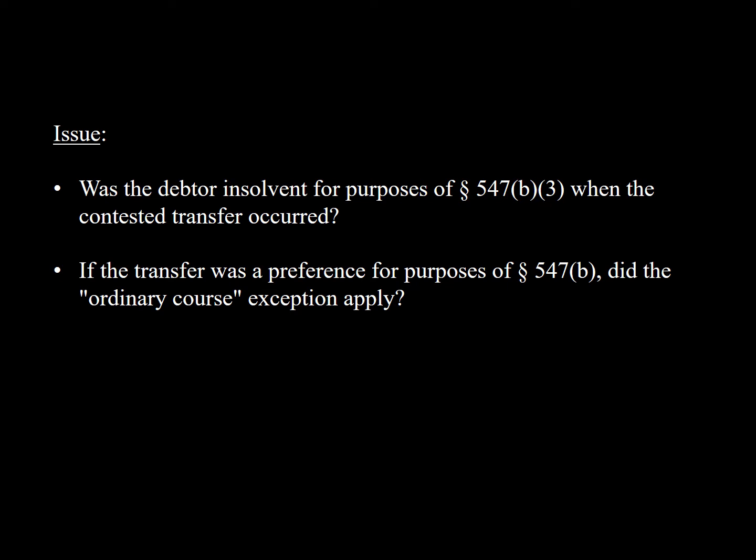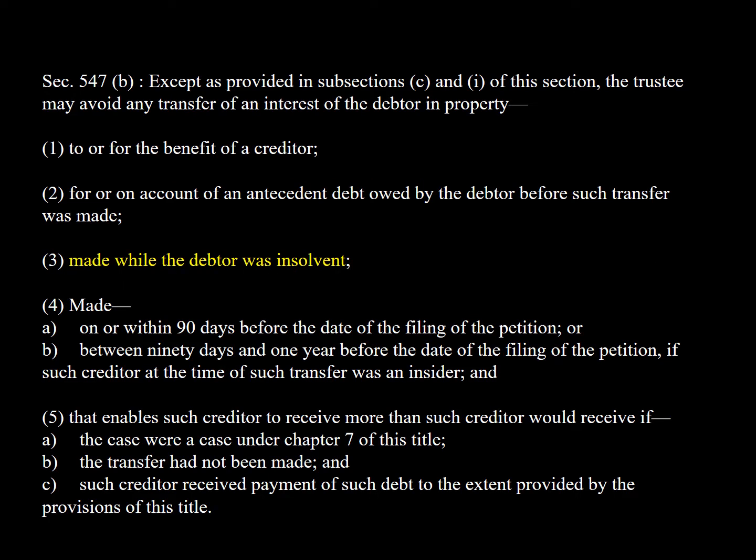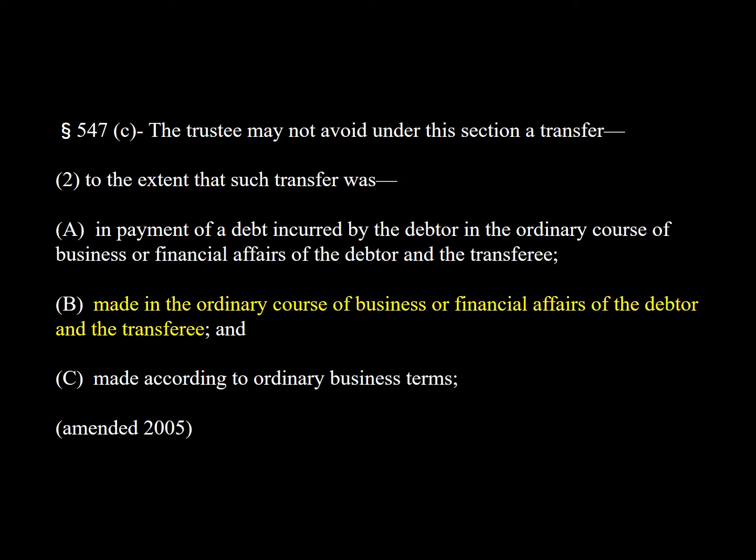Is it ordinary course or not? That's the statute, 547(b). Part of the statute says that the trustee has to prove insolvency. 547(b), ordinary course. Well, the court used the balance sheet test here. Very simple.